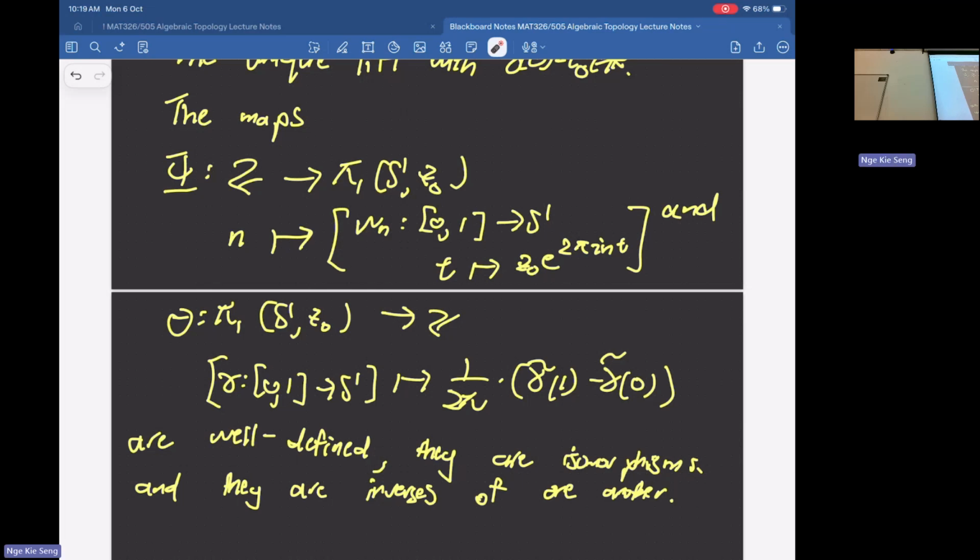Isn't it? There's a branch cut, right? You go around the branch cut, you go to the next level. This level is exactly the lifting. Then you go to the next leaf, the next leaf, the next leaf.